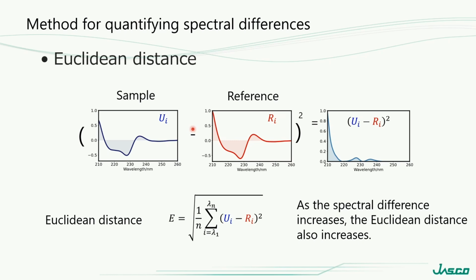While there are various methods for quantifying the spectrum differences, the reason why qHOS applies the Euclidean distance is its sensitivity. Euclidean distance is the most sensitive method. And in Euclidean distance, larger distance means larger spectrum differences. Conversely, when the spectra are perfectly matched, the distance shows 0.